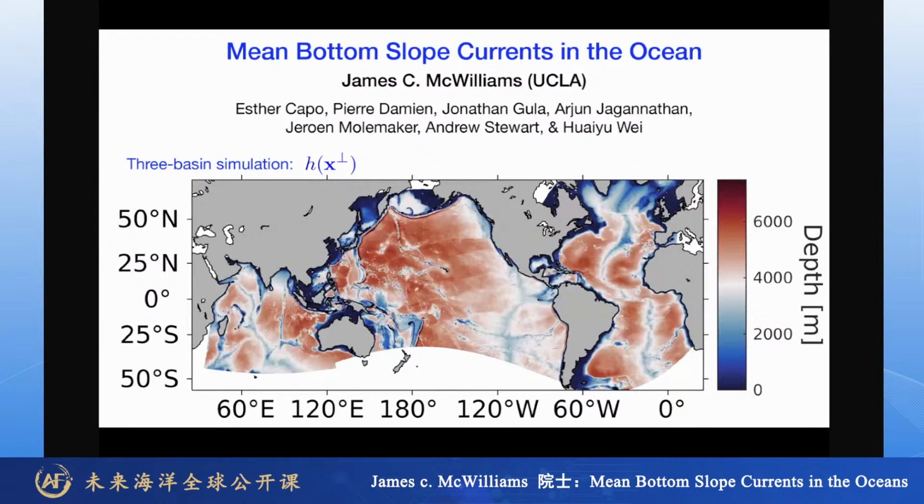Today I'm talking about the time averaged currents at the bottom of the ocean, in particular over topographic slopes, which is most everywhere. This work has spread over several papers and several years, and I am listing my primary collaborators here.